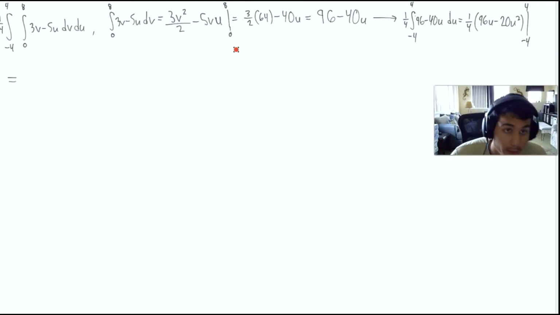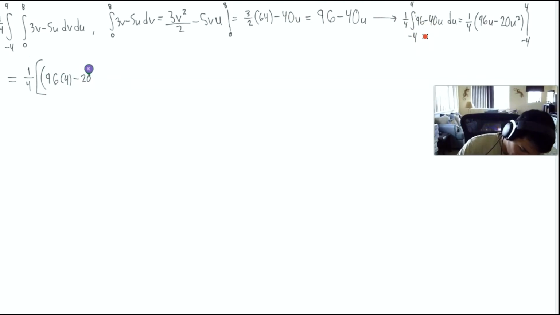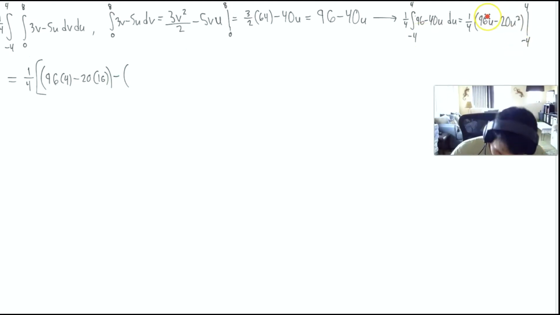Okay, we got 96. I'm just going to do it raw here. 96 times 4 minus 20 times 4 squared, which is 16. Let's write it like that. We'll have minus 96 times negative 4. Now, why am I not just multiplying these out right now?